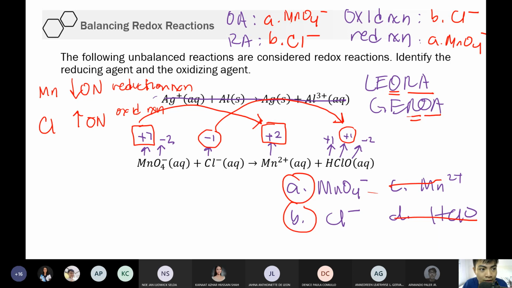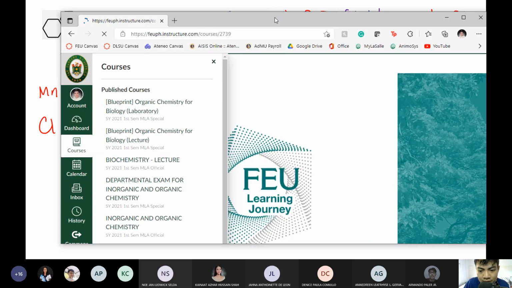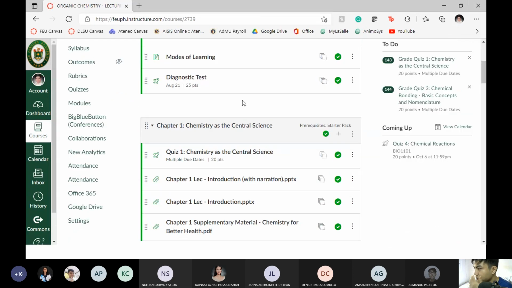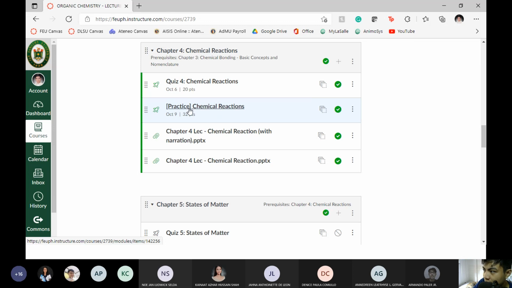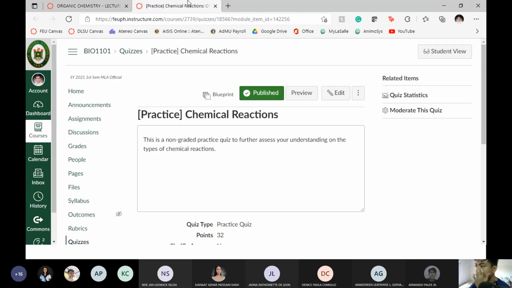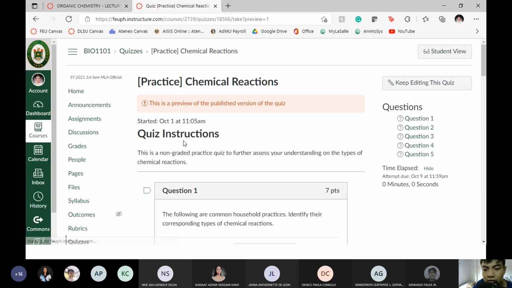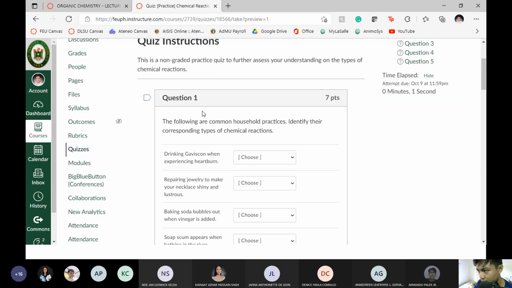So, for you to practice more, meron akong pinost dito sa Canvas, okay? May pinost ako sa Canvas, which is the practice quiz for chemical reactions. Non-graded to, so okay lang magkamali.